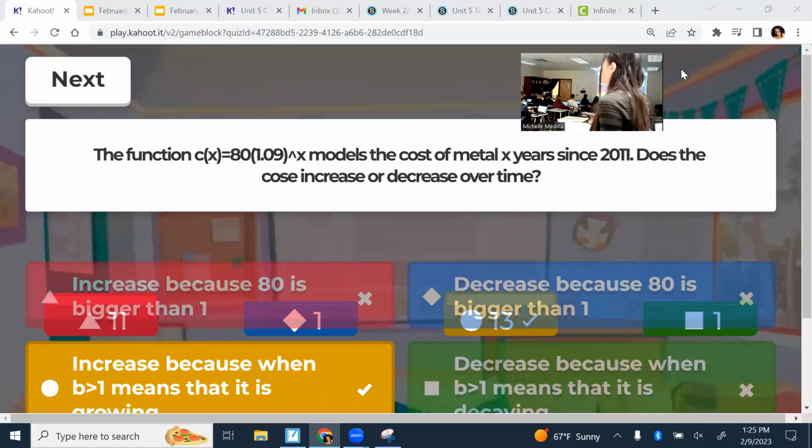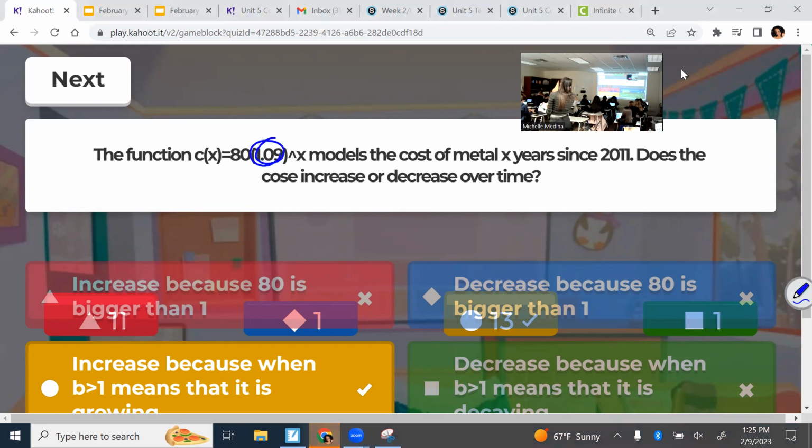So you do have to explain your answer everywhere that it tells you to. That could be showing your work. In this case, you probably have to write a sentence. So what part of the equation tells us if it increases or decreases?